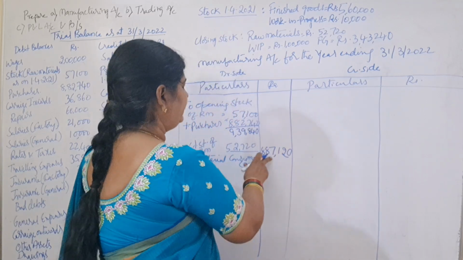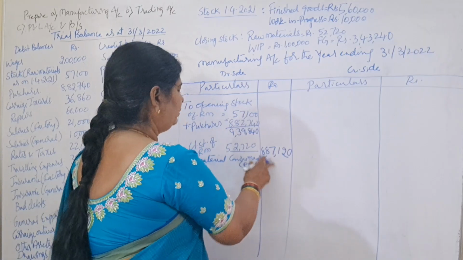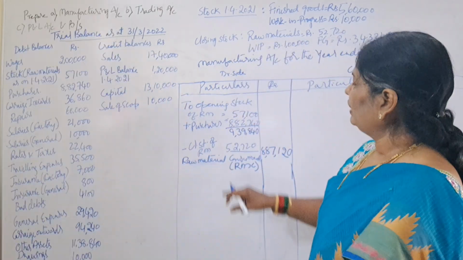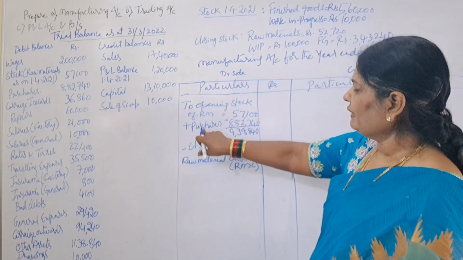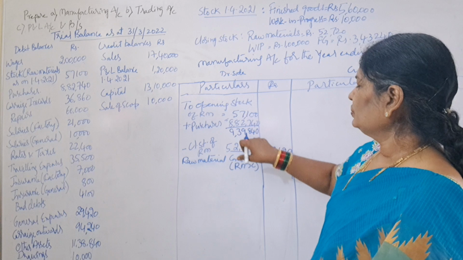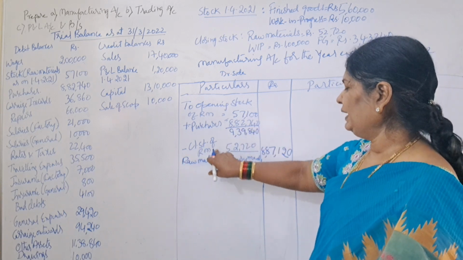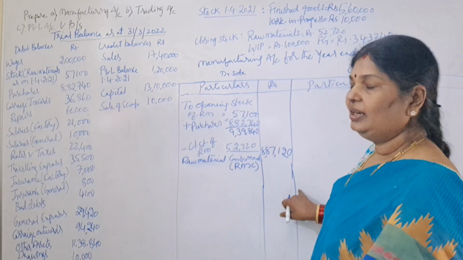You'll get 8,87,120. So what is our raw material consumed amount? 8,87,120. So what we have done? We have taken opening stock of raw materials. To that we have added purchases. So from that amount we have deducted closing stock of raw materials. So what we got? Raw material consumed, that we have taken in the outer column.